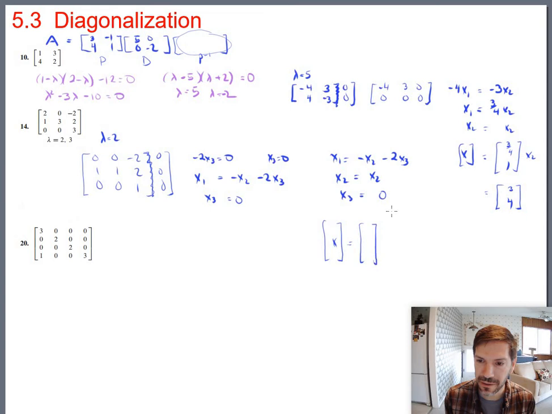So pulling x2 out of the first column, that'd be negative 1, 1, 0 times x2 plus, and then pulling x3 out of the next column, negative 2, 0, 0. Turns out there are actually 2 eigenvectors that go with the eigenvalue of 2.